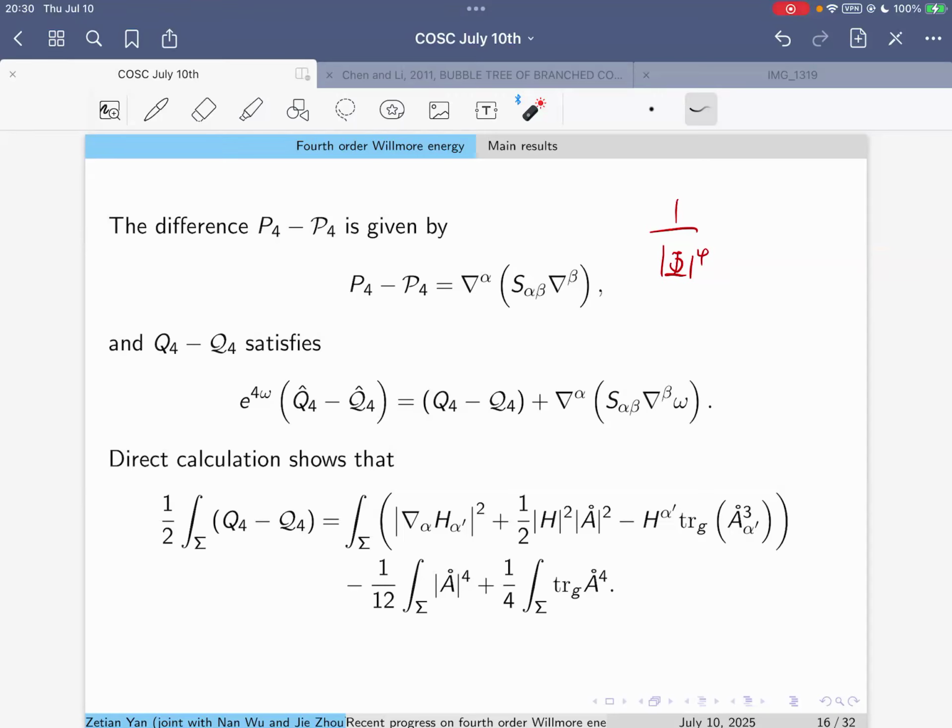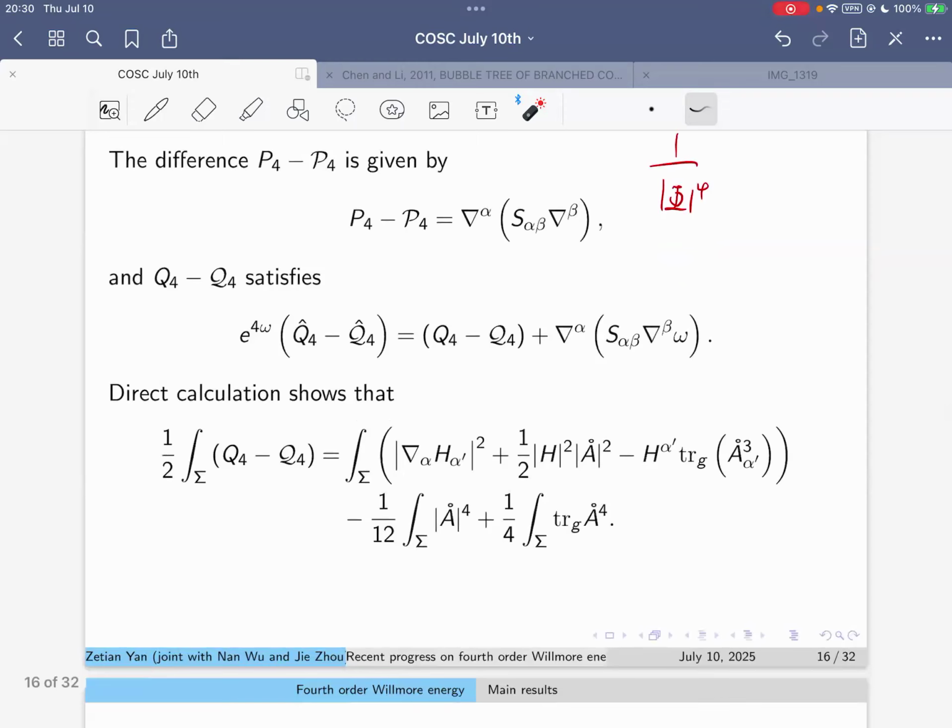So if you take the integral, the difference of total extrinsic and intrinsic Q curvature consists of 3 parts. These two are pointwise conformal invariants, okay?